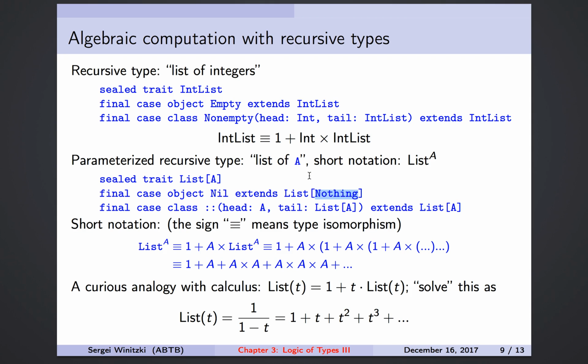So this is an example where we can use the type Nothing. We don't actually have any values of type Nothing, and because this is an empty tuple, basically. This is a named empty tuple. We could have actually said final case class Nil with empty parentheses. And that will be even clearer that we're just putting a name onto an empty tuple. And that extends List with type equal to Nothing.